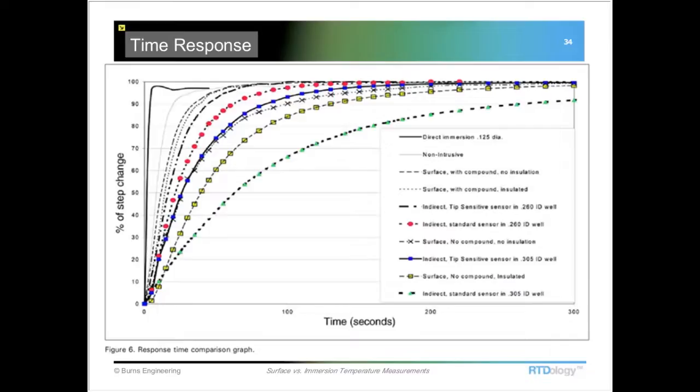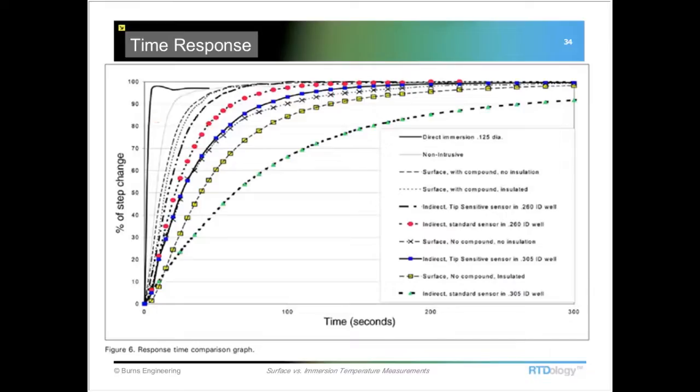Time response can be one really big error source if your process is changing temperature rapidly. If we look here at a direct immersion style sensor, and that's this line right here, we can see, as we immerse a sensor from one temperature into another, this is the amount of time it's taking for the sensor to register that temperature change.